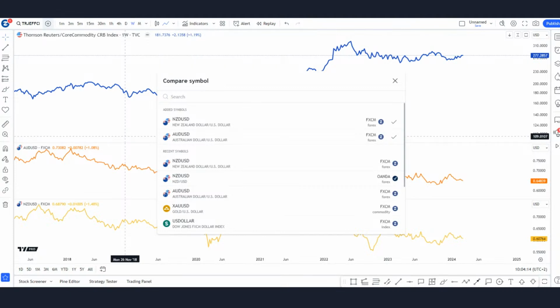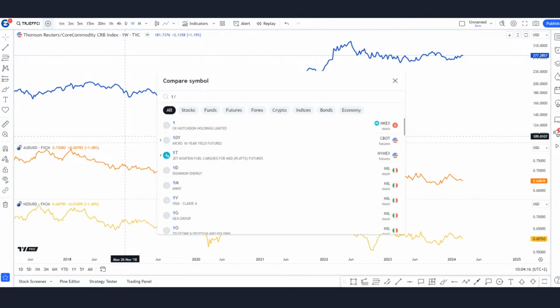But what we'll do is invert it, because we want the Canadian to be the base currency, right?